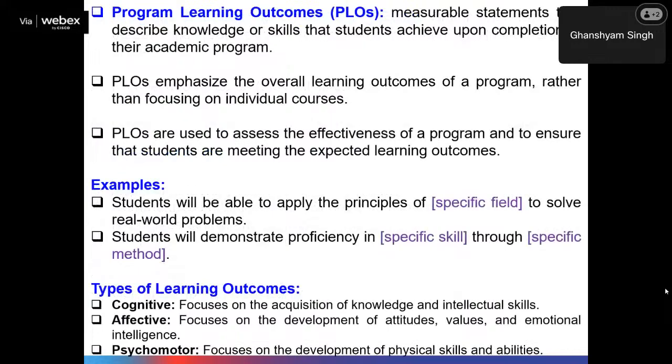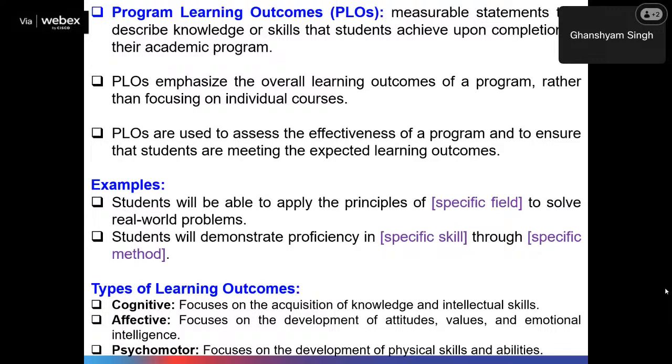Similarly, there are program learning outcomes. These are measurable statements that describe the knowledge and skills that students achieve upon completion of the academic program. So when we define the PLOs, we must include that each and every student who completes the program will have this particular knowledge or this particular skill.